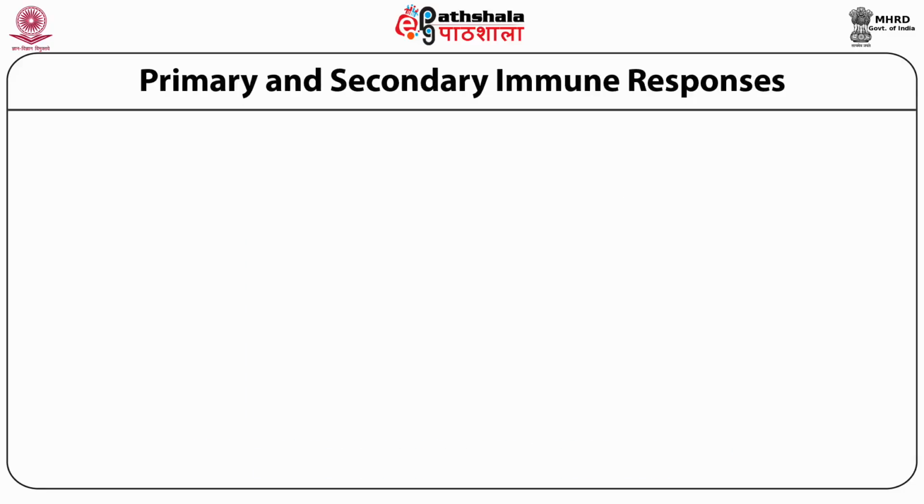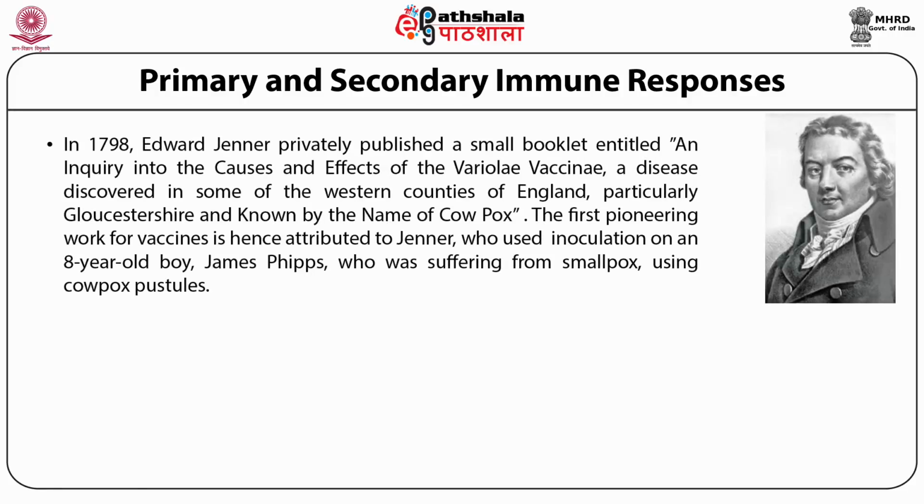A chapter on vaccines cannot be completed without mentioning the pioneering work of Edward Jenner and Louis Pasteur. In 1798, Edward Jenner privately published a small booklet entitled An Enquiry into the Causes and Effects of the Variolae Vaccinae, a disease discovered in some of the western countries of England, particularly Gloucestershire, and known by the name of cowpox.